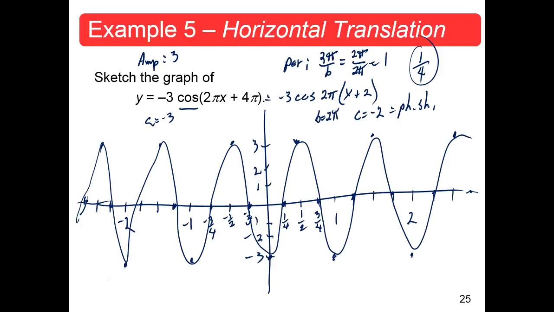Does that make sense? So identify your A, that gives you your amplitude. Factor out the B, that's what I do. Okay? And that gives you the period, using this formula always. And then what you got left here, that's x minus c, that is your phase shift. Okay? Your horizontal shift. Translation horizontally.